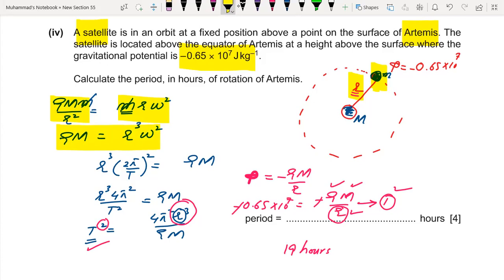So you should know the radius first, and for the radius you are given the gravitational potential at this position. So you can find the radius easily, and then put it over here to get the time period in hours. If you want the time period in seconds, it will be 66800 seconds. I hope you can easily understand.